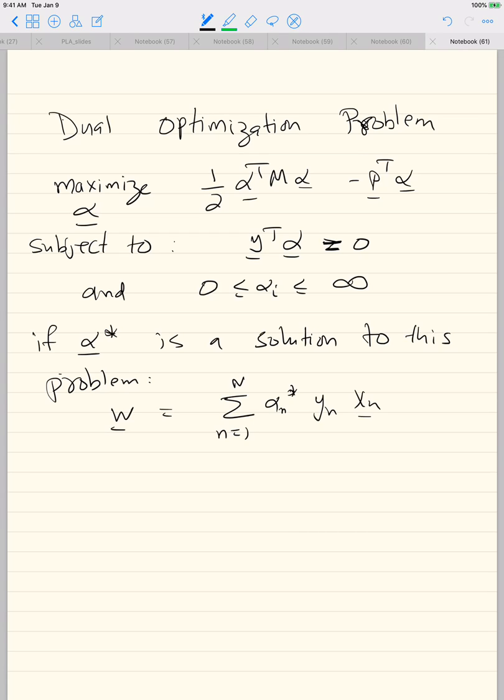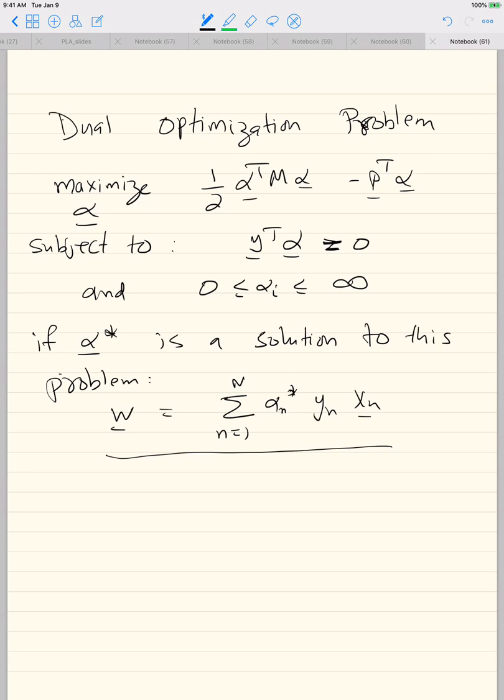So this is what the duality theory in optimization tells us, that we can transform the original optimization problem into an alternative form called the dual problem. And once we solve the dual problem, which in this case can also be done using a quadratic program, we can then find the optimal w using this particular relation.